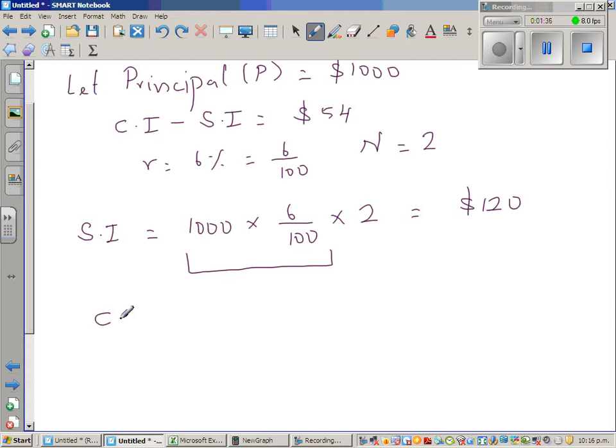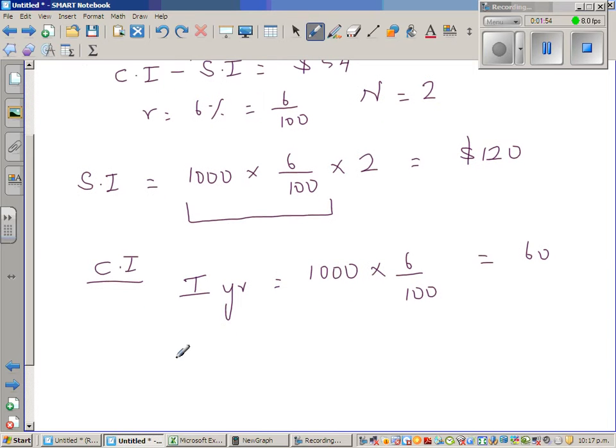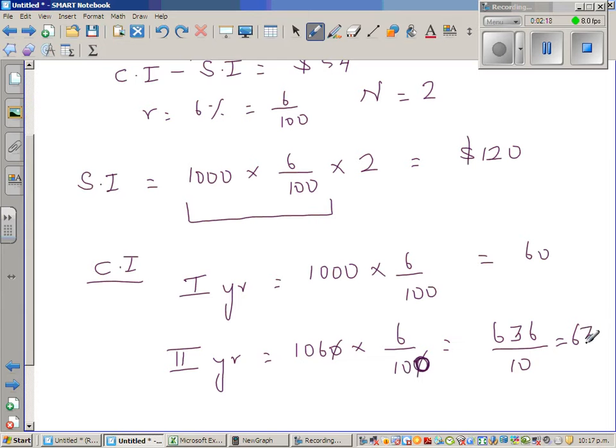Now for compound interest, I'll explain this in 2 ways. After the first year, it'll be 1000 times 6 over 100, so in the first year you get $60 as interest. For the second year, it'll be 1060 times 6 over 100, because you're getting interest on interest. 6 times 6 is 36, so 636 over 10, which is 63.6.